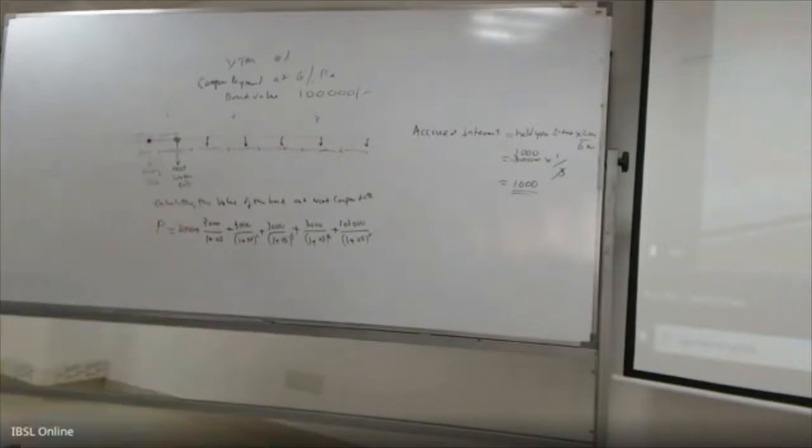Then we will do the calculation, and I am just doing it. Now say 3,000 plus 3,000 divided by 1.05 comes as 5,000. I will do the repeated calculation. Then 3,000 divided by 1.05 to the power 2.